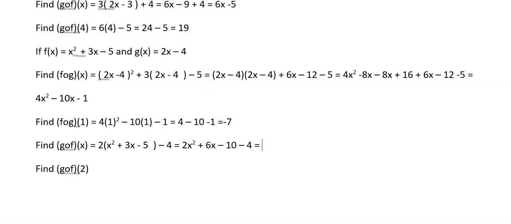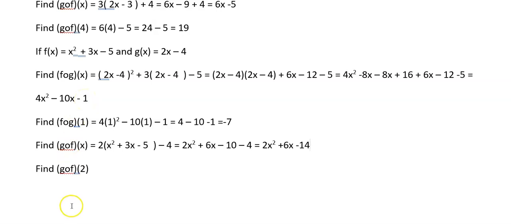And let's add the 2 like terms, just the minus 10 and the minus 4. So we'll have 2x squared plus 6x. And minus 10 and minus 4 will give us minus 14. And notice how different that answer is for g composed with f than f composed with g was.